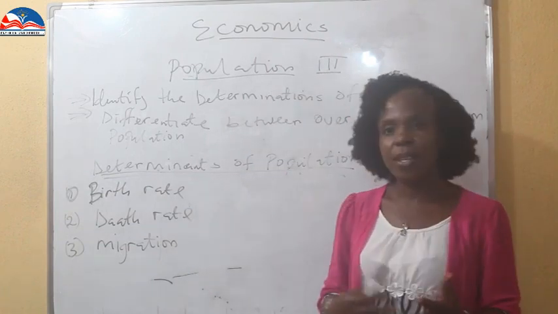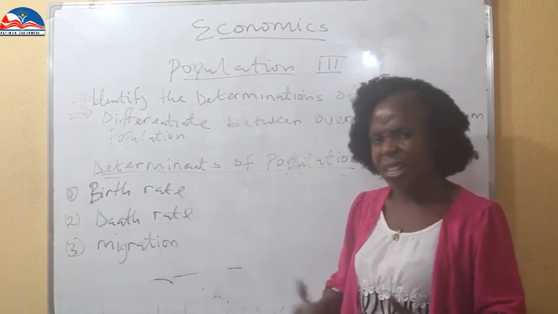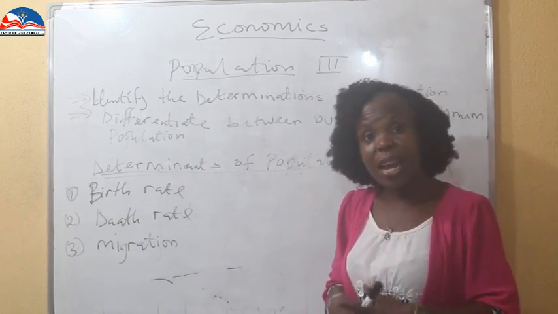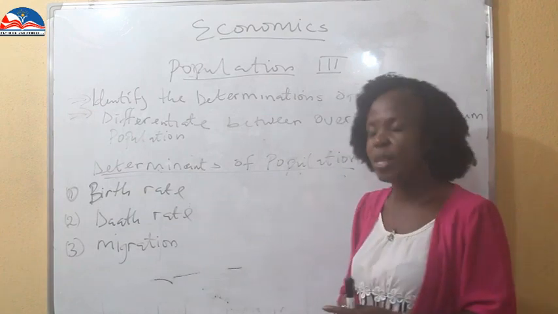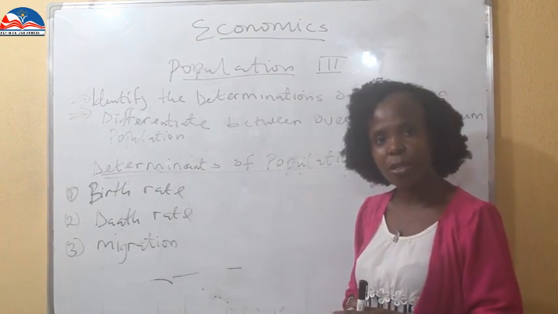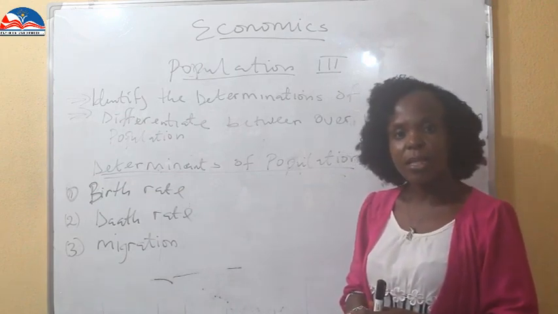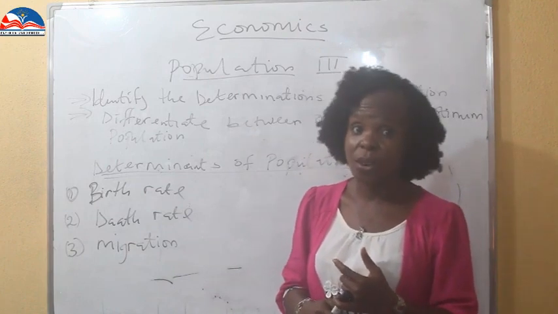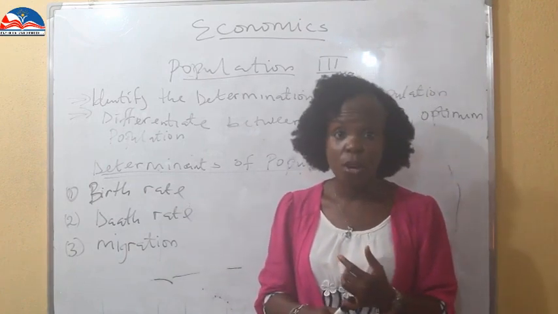Then the second one is death rate. Another thing that affects a population is death. If the number of people dying is more than the people being born in the country, there is going to be a problem because the population is going to decrease. And the reason why people die more is lack of facilities to take care of these individuals. The old people are not well taken care of.